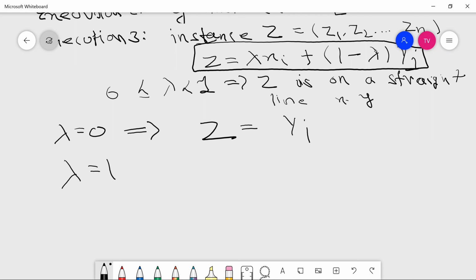And if lambda equals 1, that means z equals xi, meaning we are showing that z is on the line from x to y. But this method is by contradiction. We are using contradiction to prove.